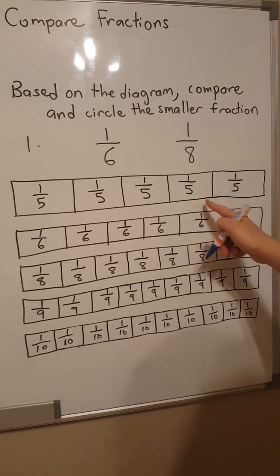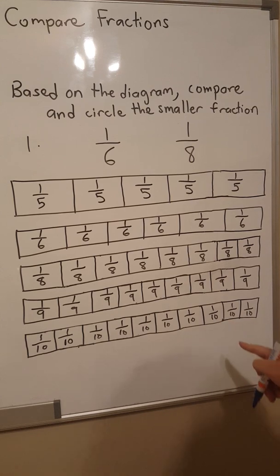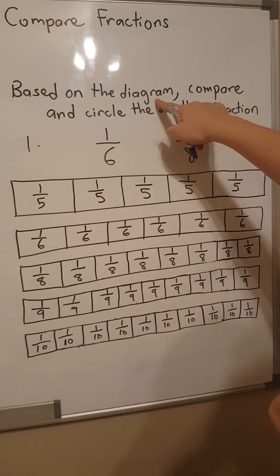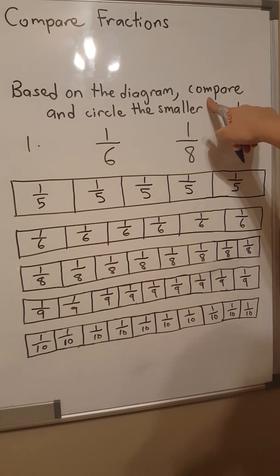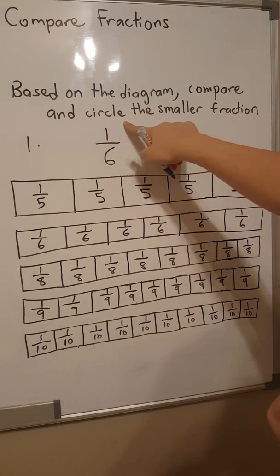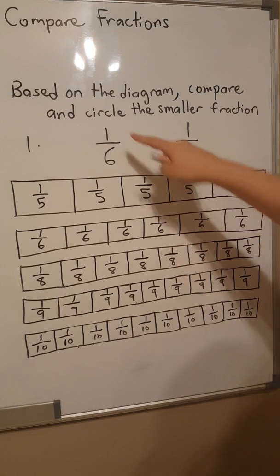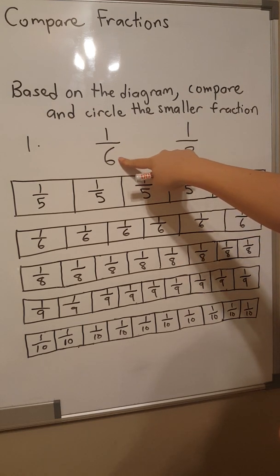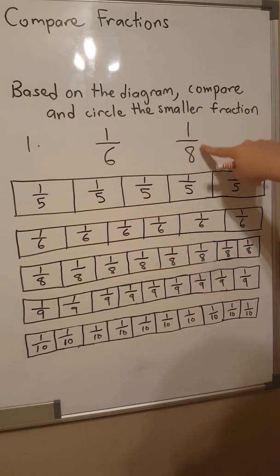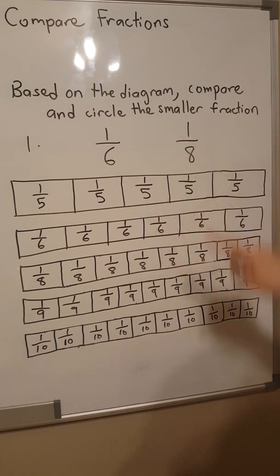Okay, so this is called a fraction wall, and we are going to use this diagram to compare and circle the smaller fraction. So we have 1 over 6 here, and we have 1 over 8 here. We are going to find out which one is the smaller fraction based on this diagram.